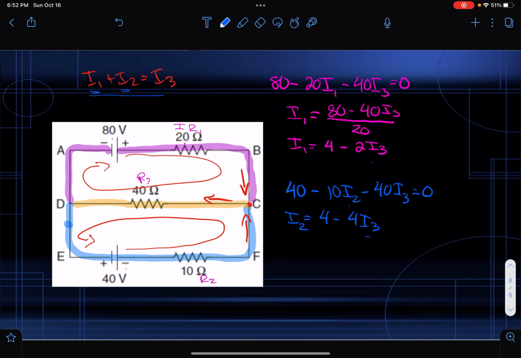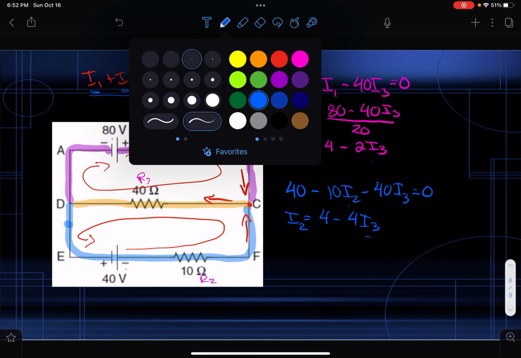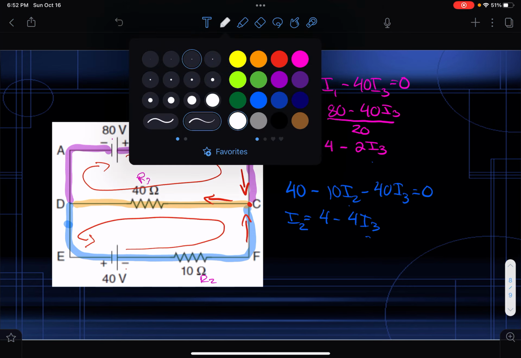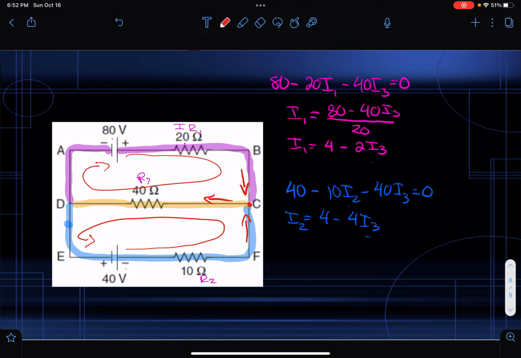All right, so now I know I1 in terms of I3, and I know I2 in terms of I3, so I'm going to plug those in. I'm just going to rewrite this.